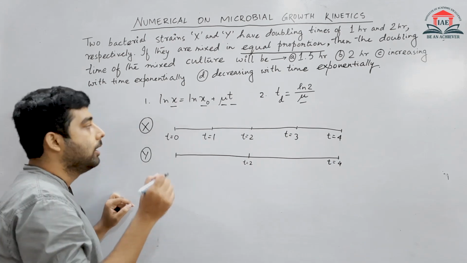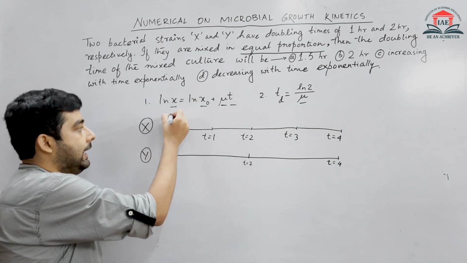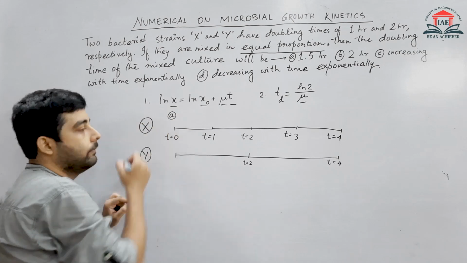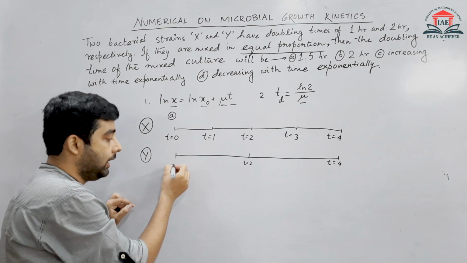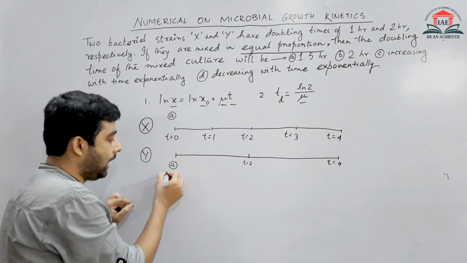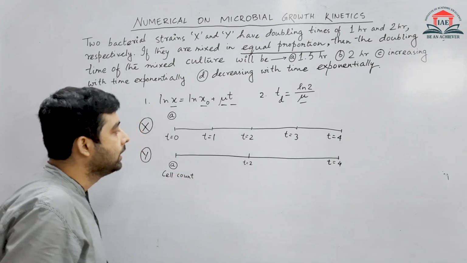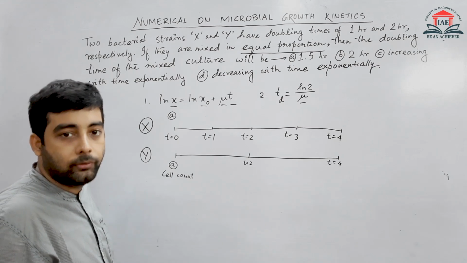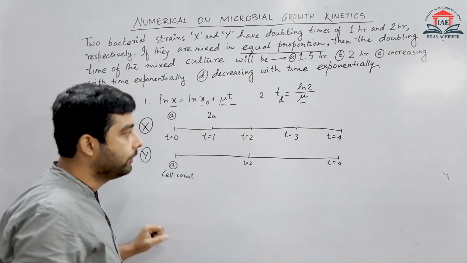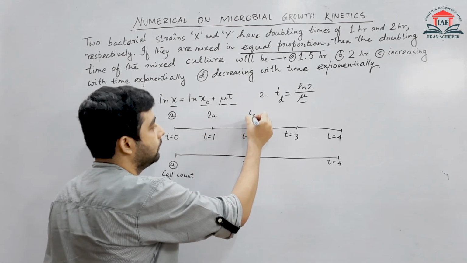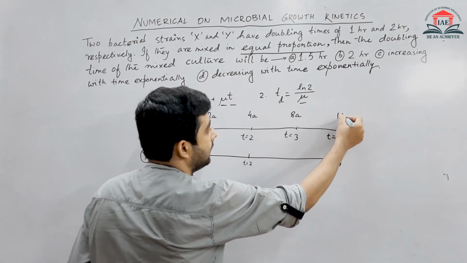So let's consider the initial cell population of the X bacteria was A. Definitely since they are in equal proportion, Y also must be A. This is the cell count, or population, whatever you feel like. So after one cycle of doubling time, this becomes 2A, then 4A, then 8A, and finally 16A.